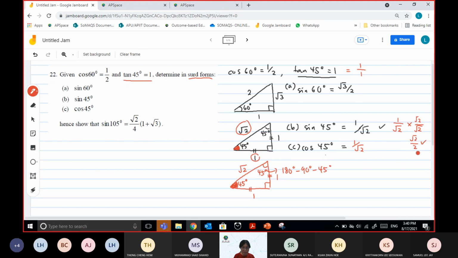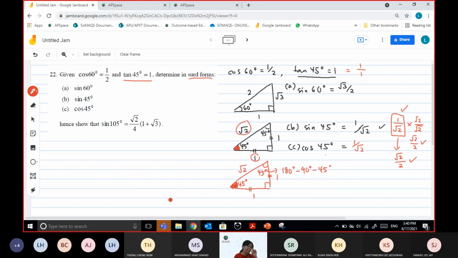Yes, miss. Okay, so this answer is acceptable. And if you rewrite it as 1 over square root of 2, that is also correct. Both are correct. Okay, miss, thank you.